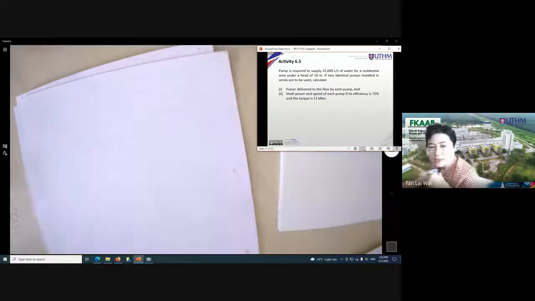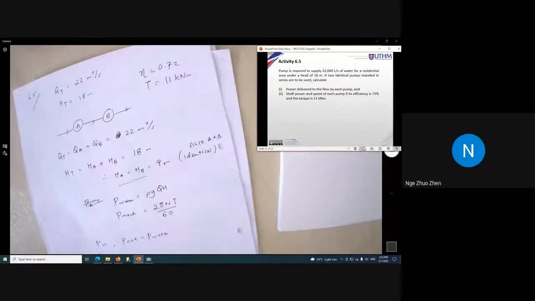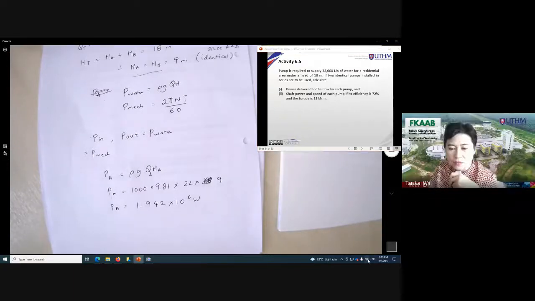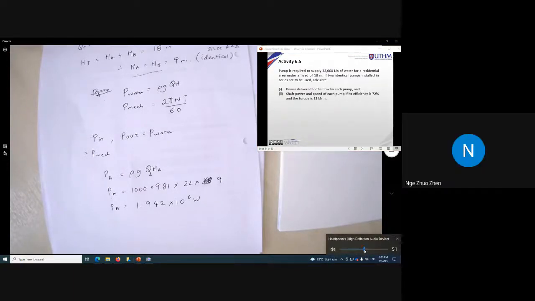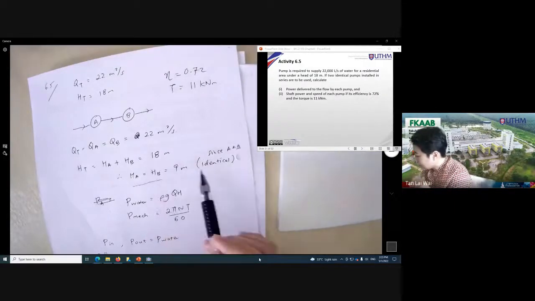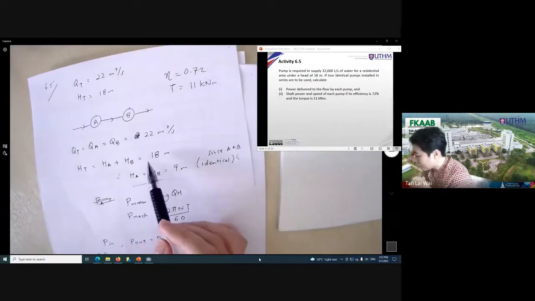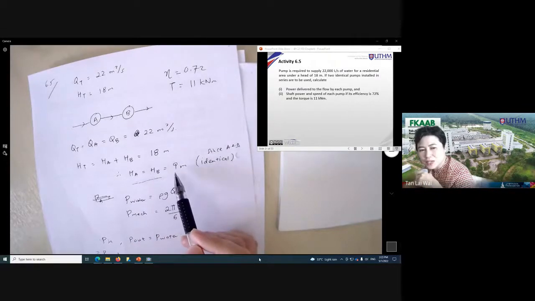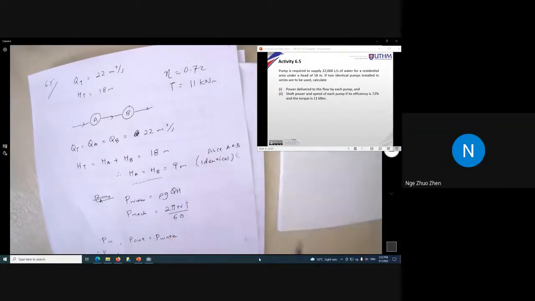Doctor, if I directly use H is 18 and in the final step I divide by 2, can I? Because actually this is a division of 2, 18 divided by 2. What you mean is you want to use HA, right? Can also?